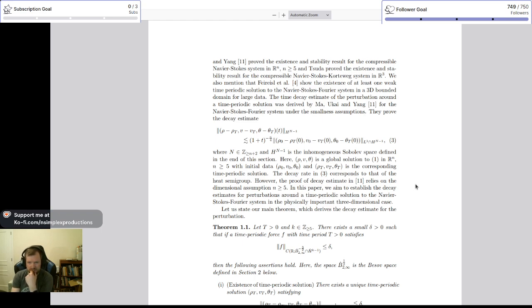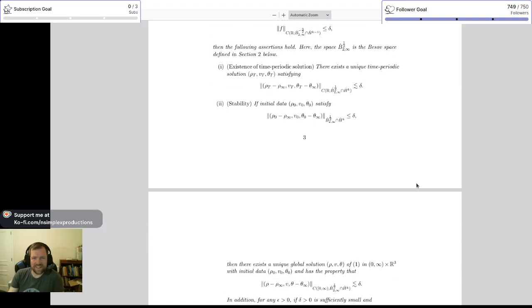Oh my god, Besov space, there we go. And the inhomogeneous Sobolev space above. Yeah, I mean, is this going to be a fool's errand for me to even attempt to look at this?